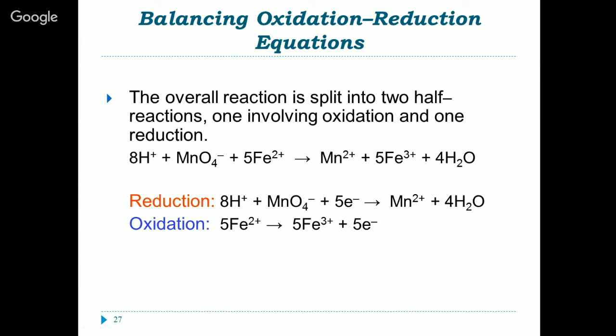And what that means, I'm collecting like things on one side of the arrow and the other side of the arrow. So for example, I have my MnO4-. I see on this side, I have an Mn, so I would want to group those together. I have an iron 2+, I have an iron 3+. I would want to group those together. And the protons and the water molecules are a result of balancing the equation.